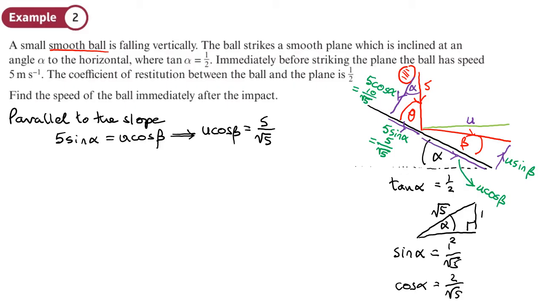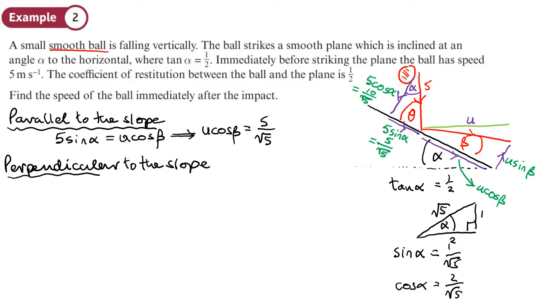So now we're going to be looking at what's going on perpendicular to the slope. So this is where we use the coefficient of friction. Coefficient of friction is, in this case, a half.